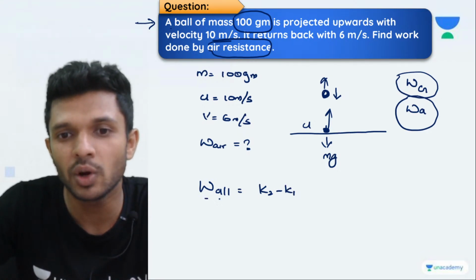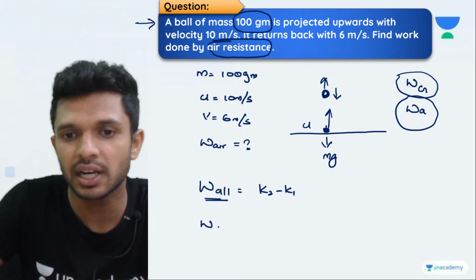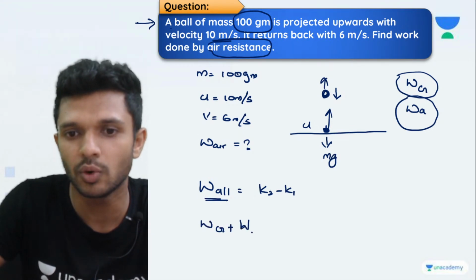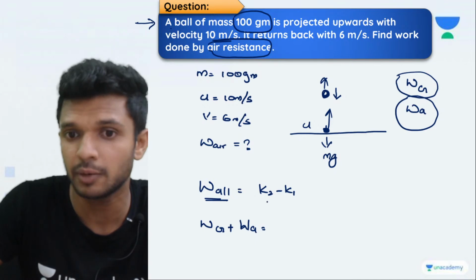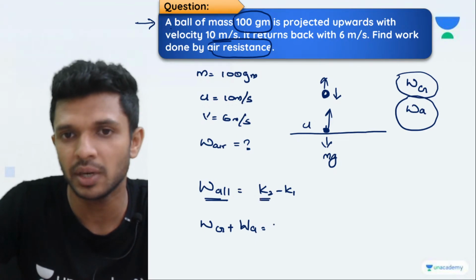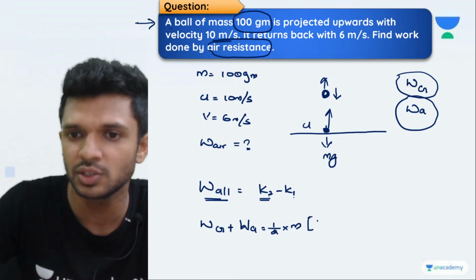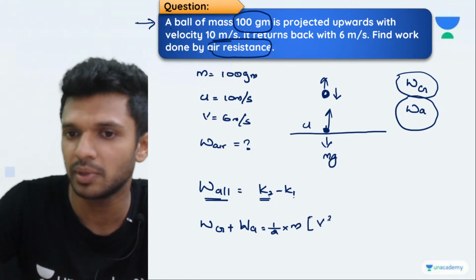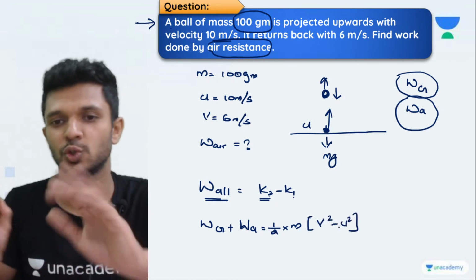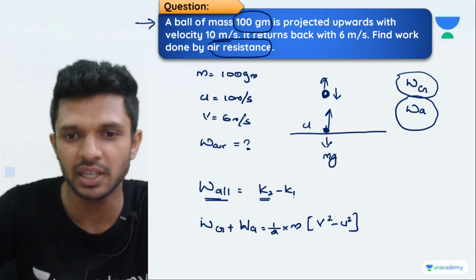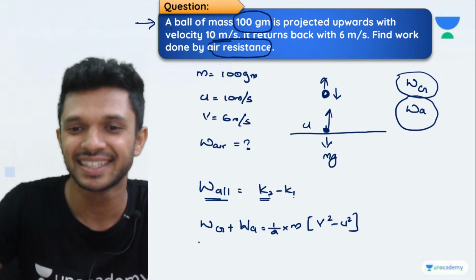So which are the work done by all the forces? Work done by gravity plus work done by air, which we want to find out. The change in kinetic energy is half into m into v square minus u square. The mass is common, so I'm going to take m by 2 common, so it is v square minus u square. Who is going to tell me what the work done by gravity is?